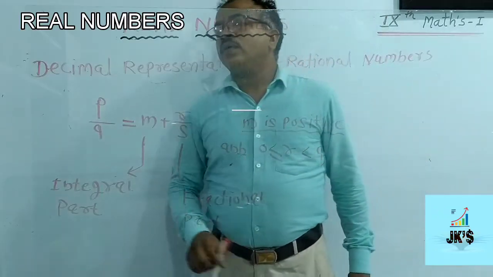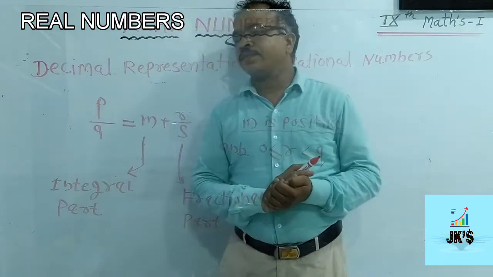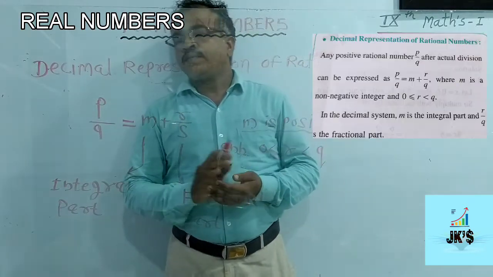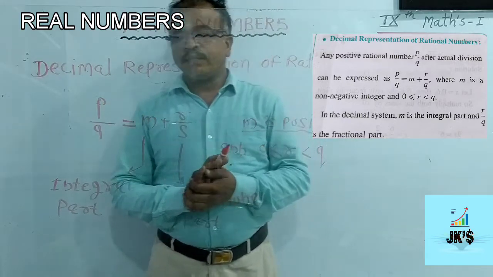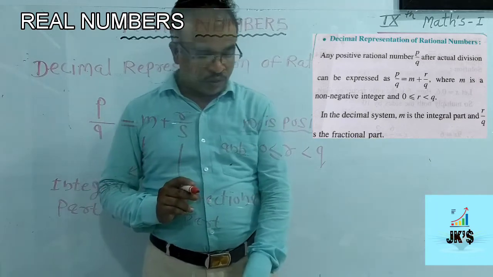Now, the decimal representation of rational numbers. Suppose P upon Q is a rational number where Q is not equal to 0.